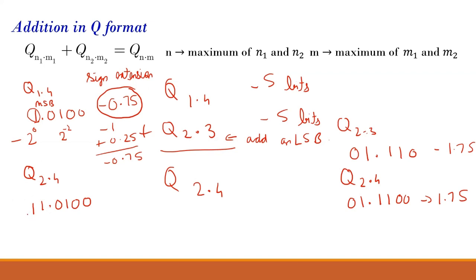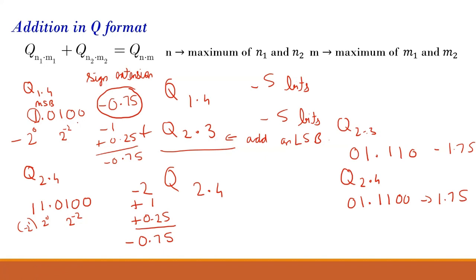The sign bit now becomes this. Now if you find the value of this representation, this will be 2 raised to 0, this will be minus of 2 raised to 1, and this will be 2 raised to minus 2. So the new value which I get will be minus 2 plus 1 plus 0.25, and when we do the sum, it comes back to minus 0.75.